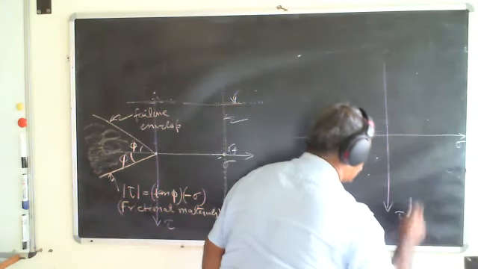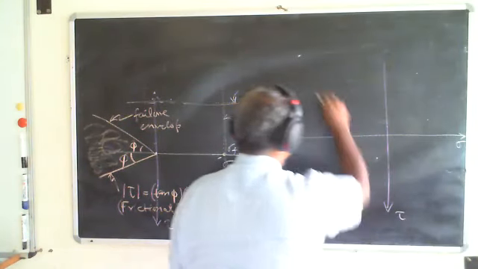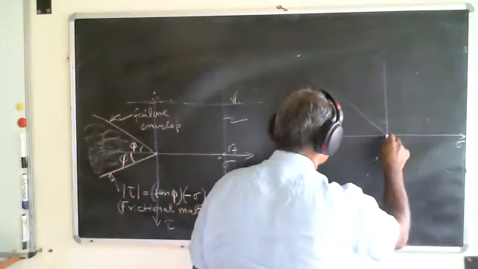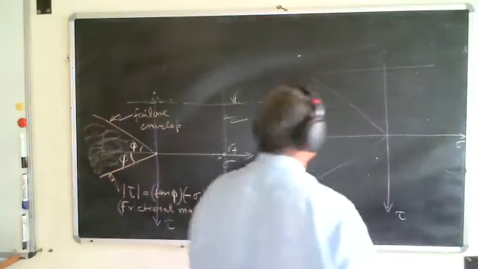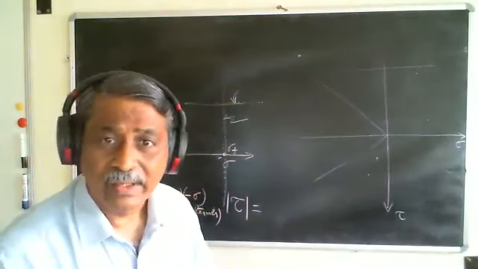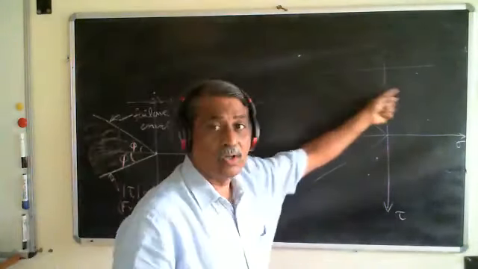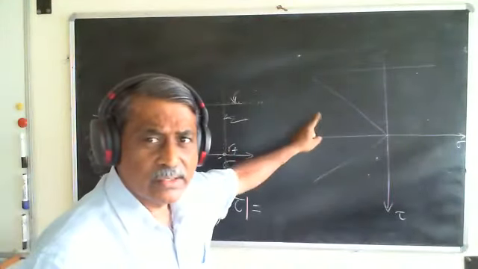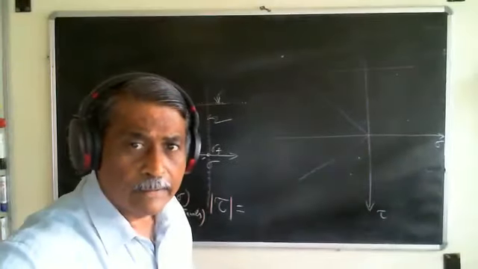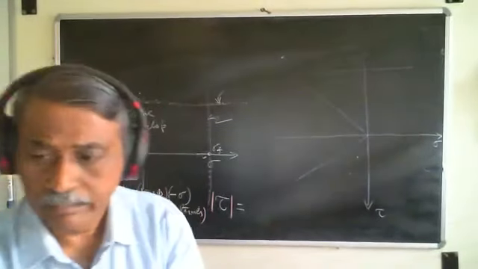So this is tau. What we had for a frictional material is like this, and this was for a cohesive material, or a material with constant tau critical. Are you able to see this?